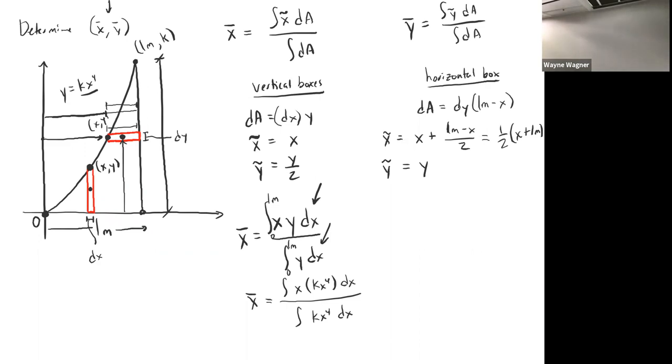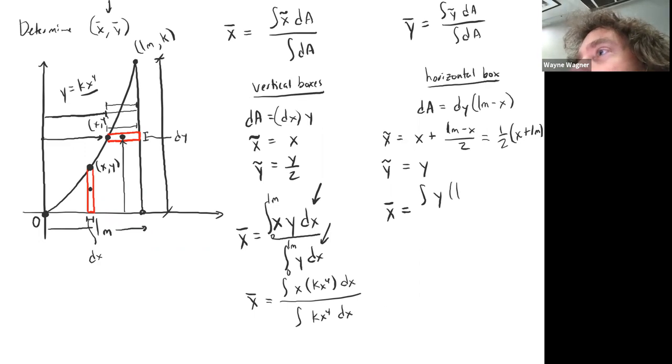Let's go ahead and do x bar with the horizontal boxes. We're going to do the same thing. So y tilde is y. dA is 1 minus x times dy, divided by that dA on the bottom.